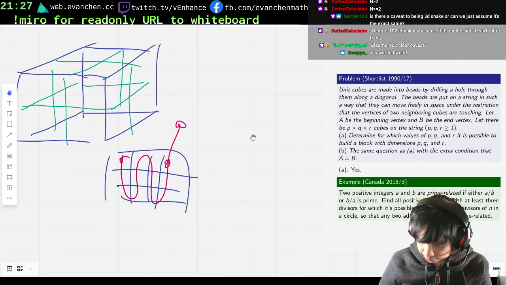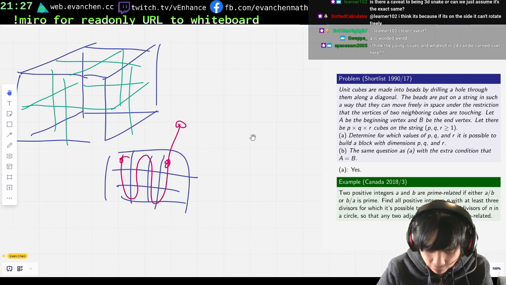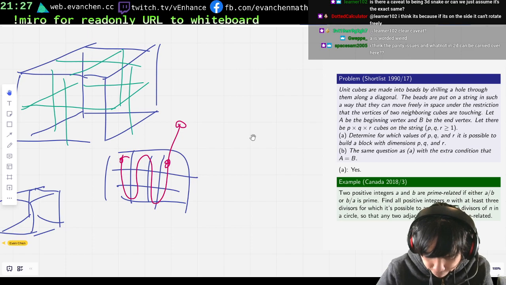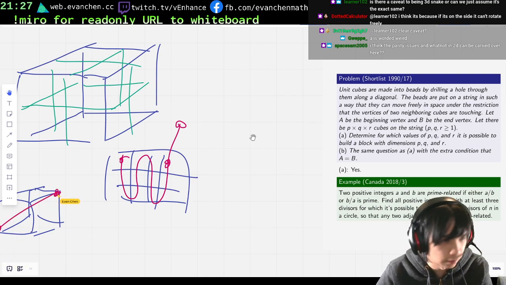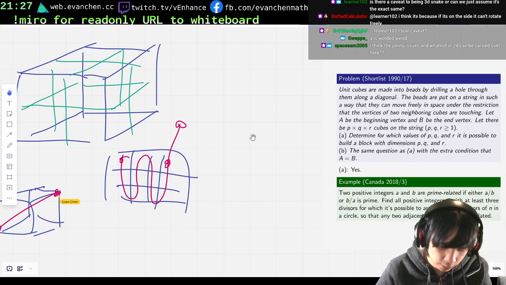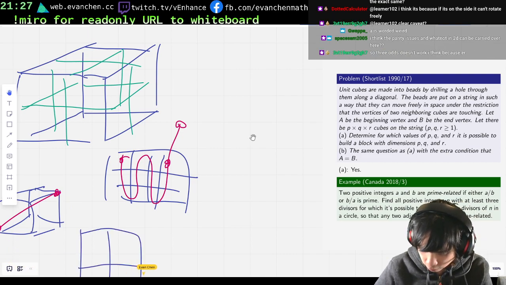For example, n equals 1 does not work. If you only have a single unit cube, the string actually passes from here to here, so it ends at a different vertex. For similar reasons, if I draw a 2 by 2 grid, I'm not totally sure this will work.